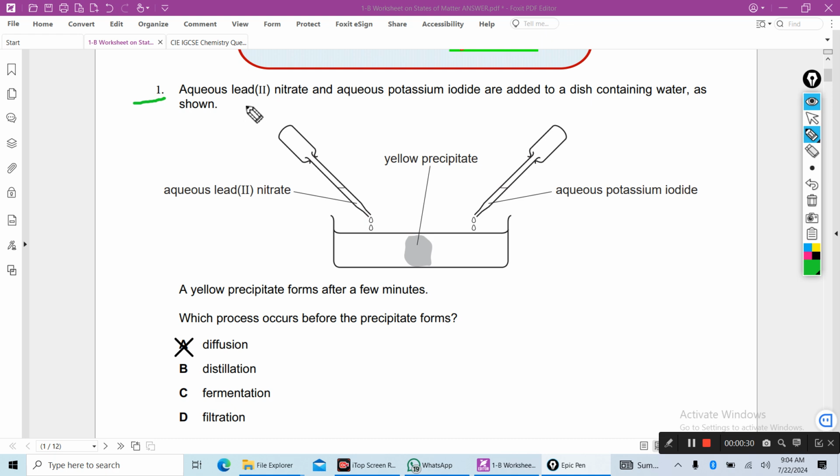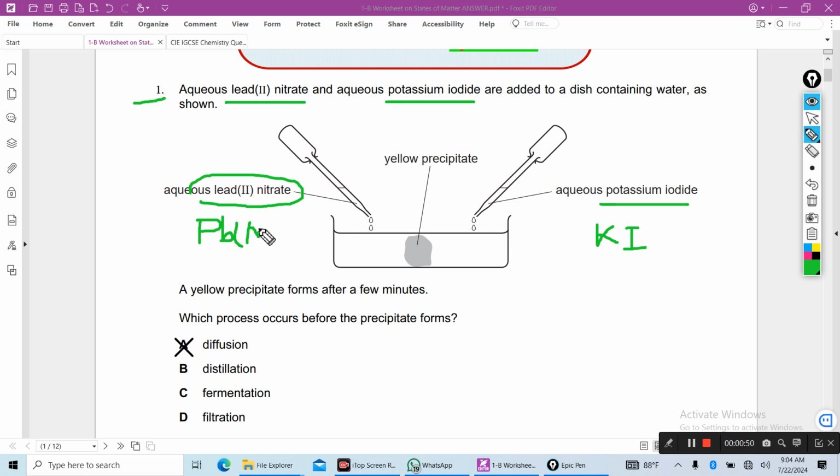Number 1. Aqueous lead nitrate, Pb(NO3)2, and aqueous potassium iodide, KI, are added to a dish containing water as shown.